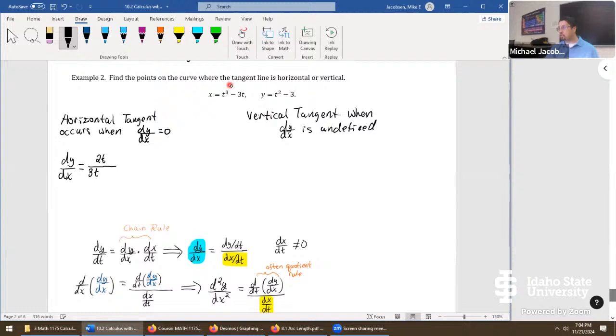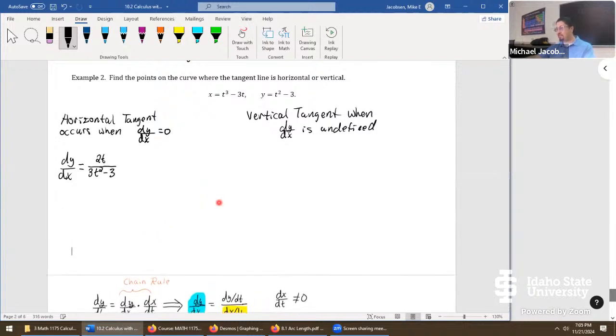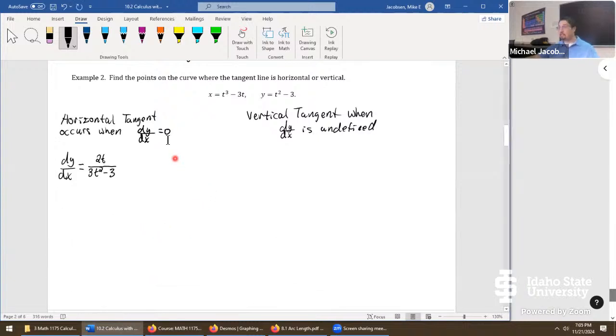We have 3t squared minus 3. So that gets us started, and we're done with that formula for the moment. A horizontal tangent would mean this whole thing goes to 0. If that's 0, that would just mean 2t is 0. So we get a really rapid equation. The solution is just t equals 0.